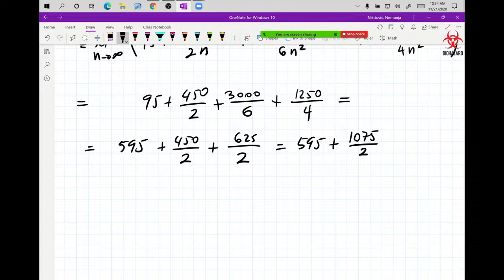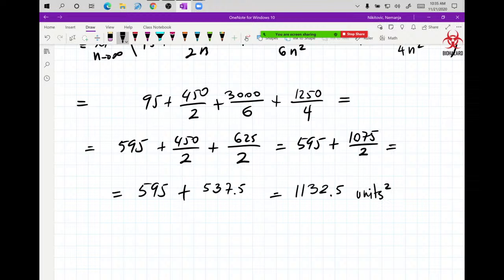Now that's not perfectly divisible, but it's good enough because it's just 0.5, so who cares? 595 plus 537.5. There we go. So when you add this, you get 1132.5. I hope that's good. That's the exact area. Units squared.